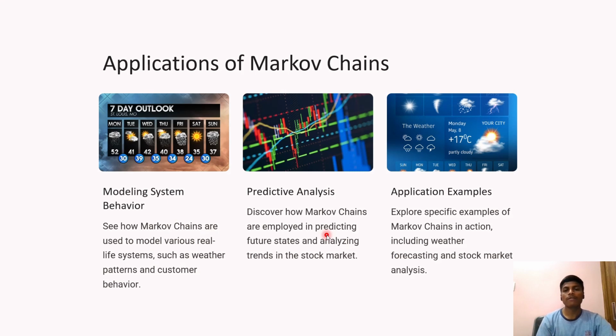For customer behavior, we track customer visits to a website by calculating using the Markov chain. We can track as many customers as we want. It is widely used in e-commerce businesses. It is also used to predict the stock market and the ups and downs of the stock markets.